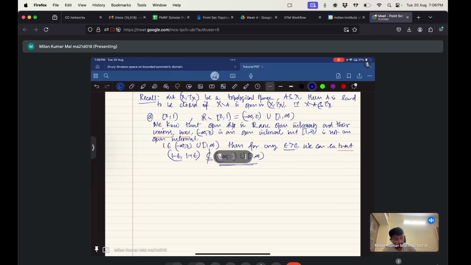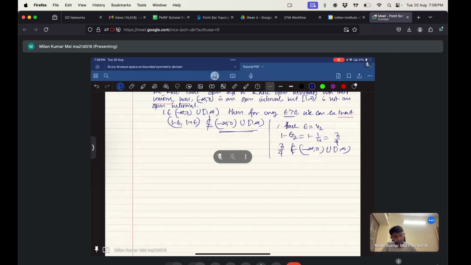For example, take epsilon equal to half. Then 1 minus epsilon by 2, which is 1 minus 1 by 4, which equals 3 by 4. This 3 by 4 does not belong to (minus infinity, 0) union [1, infinity).